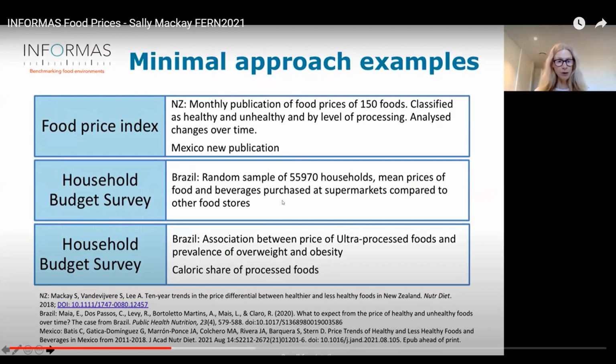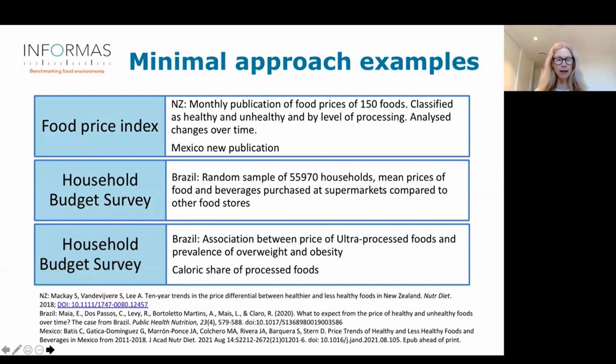In Mexico, they have also looked at this, and so the bottom publication here on this list, price trends of healthy and less healthy foods and beverages in Mexico, is also looking at the food price index. Some countries have used the household budget survey. So, for example, in Brazil, have used this to look at the mean prices of foods and beverages purchased at supermarkets.